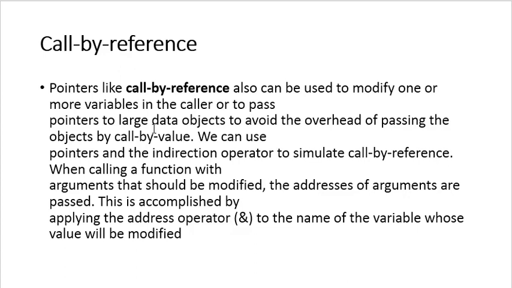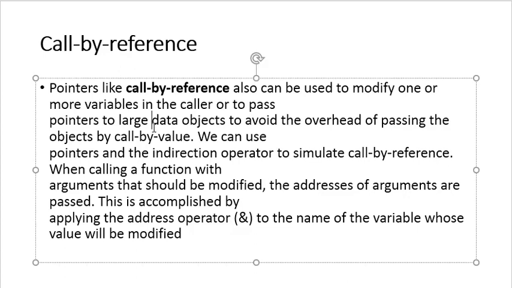This is accomplished by applying the address operator, &. Through this operator we can assign the address of the variable to the pointer. So by assigning the address of any variable to the pointer, you can change the value of the variable with the help of the pointer.